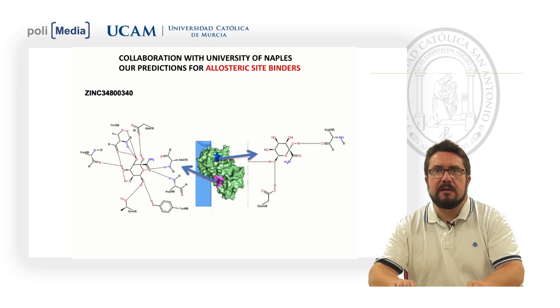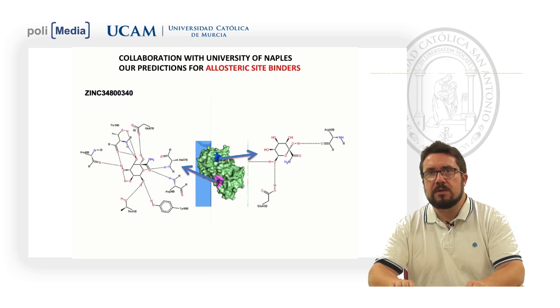We can see there, on the middle of the slide, the structure of the protein, the enzyme, and in blue there is the active site, and in pink color some allosteric site that was suggested by our collaborator in this project, which is from the University of Naples.